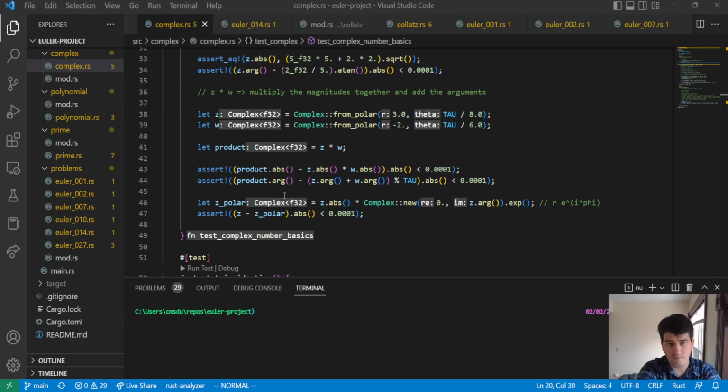Mul for mul U32. Oh, why are these U32s? They should be I32s. Whoops. Let's fix that. U32 needs to be I32 everywhere.